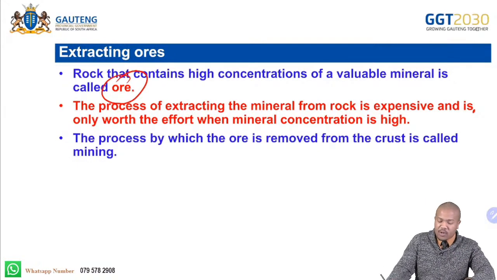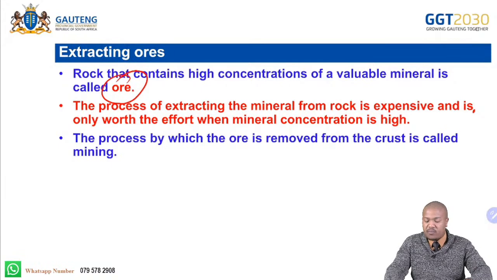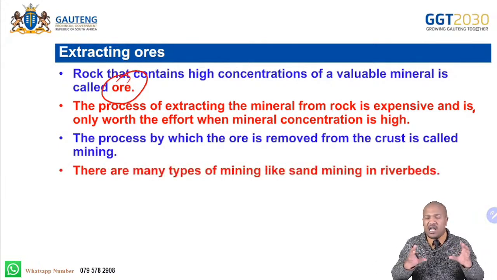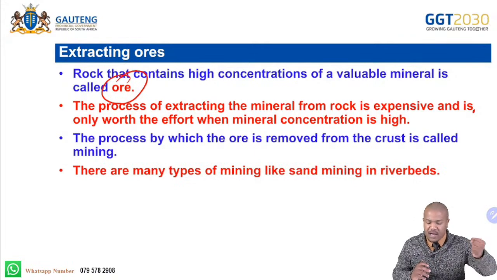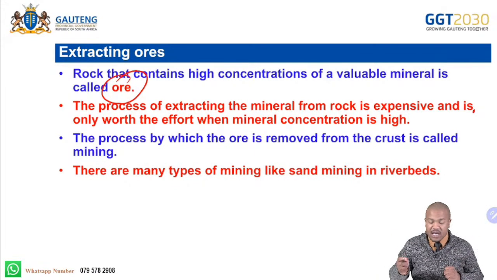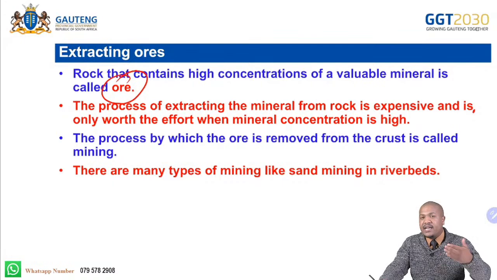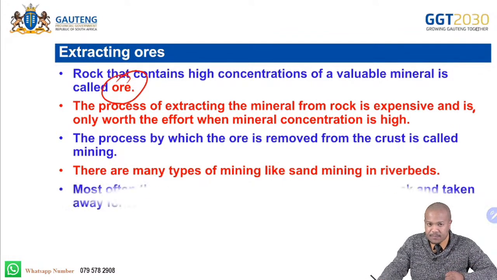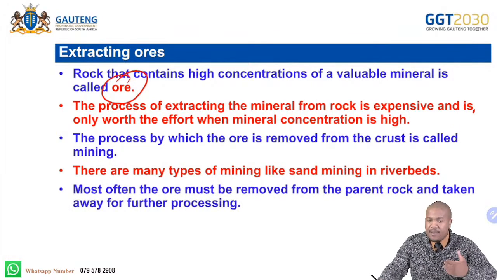The process by which the ore is removed from the crust is called mining. So the whole process of removing the minerals from the lithosphere, from the different rocks, is called mining. There are many types of mining, like sand mining in riverbeds, gold mining, diamond mining.